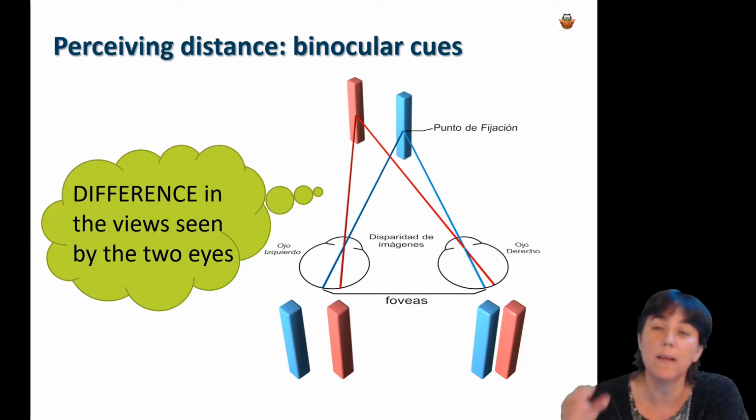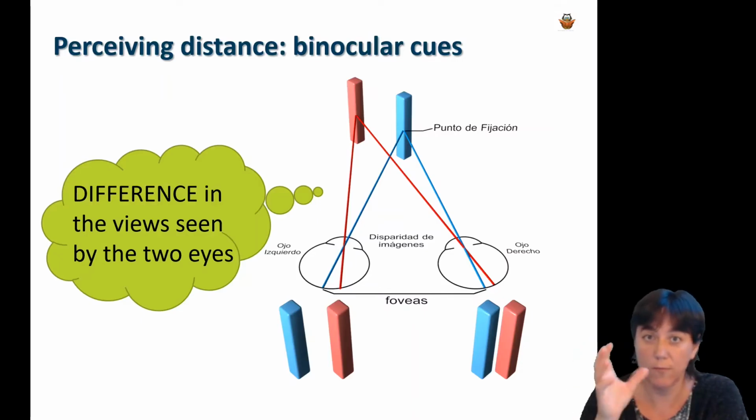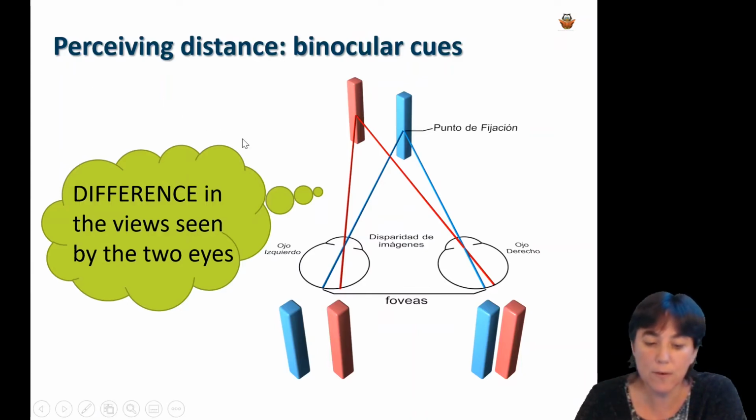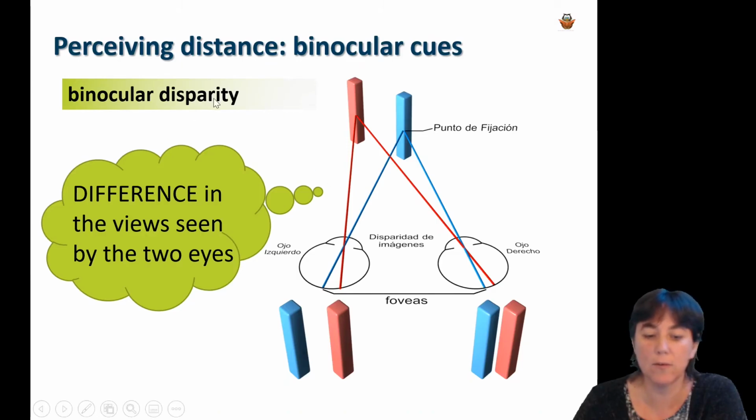Basically, the retinal pictures of an object have a slight difference in the two eyes. And this difference is calculated in our heads and thus makes us perceive depth or distance. Okay, so this is called binocular disparity.